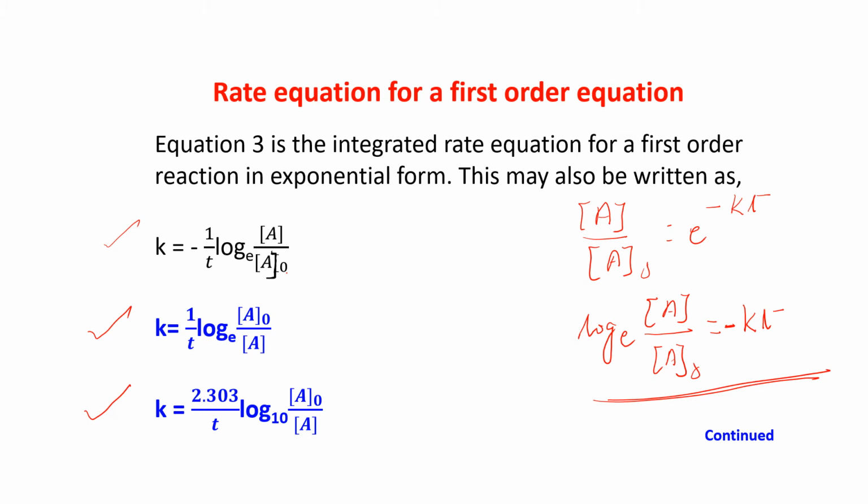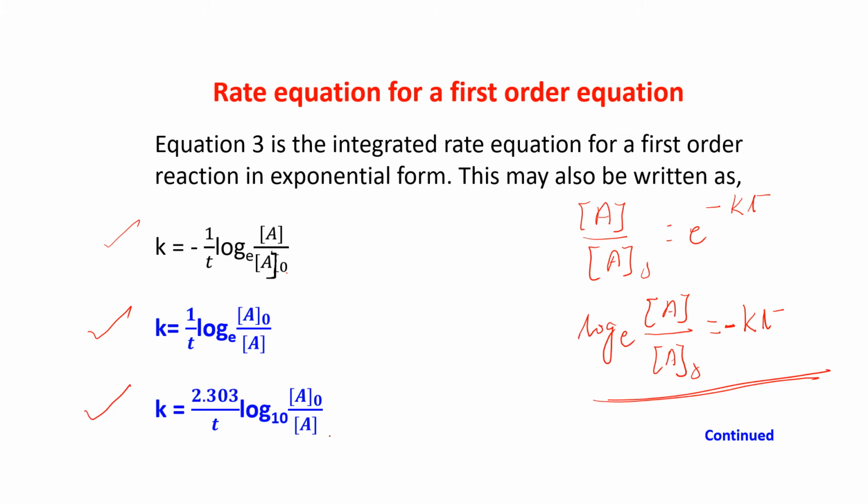So actually what happened, children, these are all the expressions for finding out the k for a first order reaction. We can find out the k value from this equation.